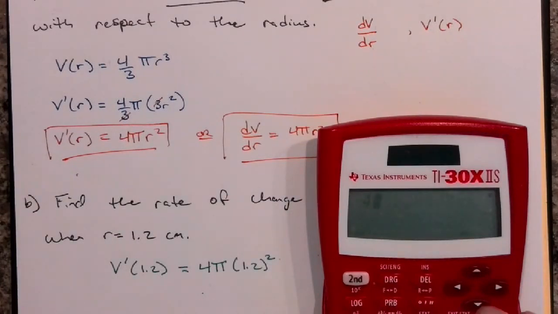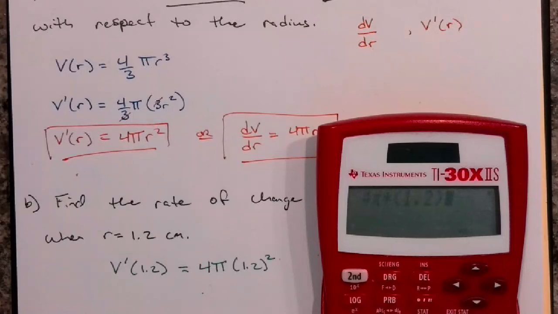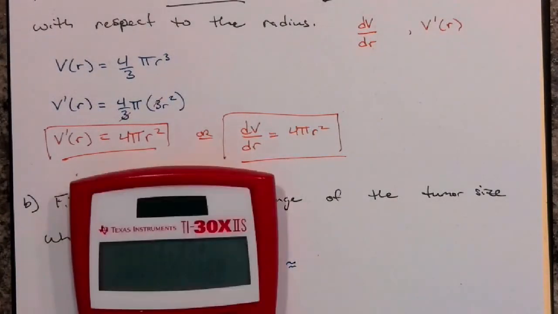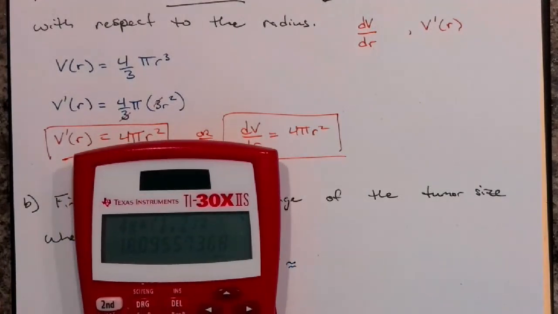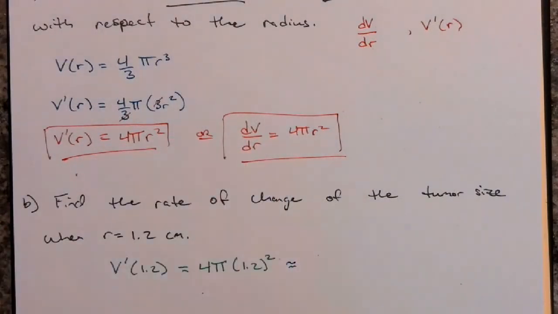So we want to do 4 pi times 1.2 squared, and I get, as my approximation, I'll round it to the nearest tenth. I got 18.09555. I'm rounding to the nearest tenth, so one decimal place. I'll round it up to 18.1. So this will be 18.1.